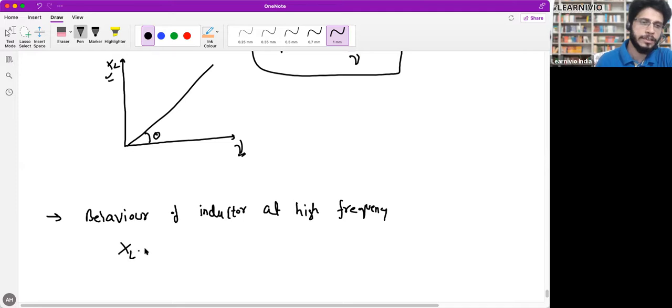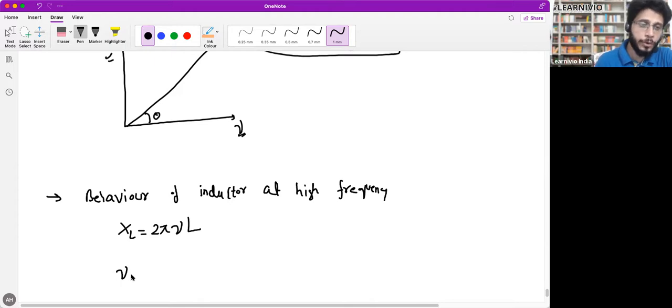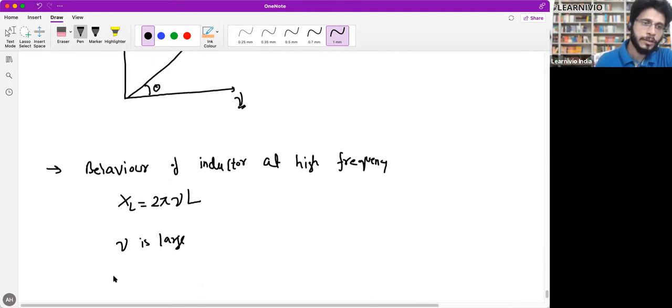So XL is 2 pi nu L. If frequency is large, that means XL is large. So if you pass a current of very high frequency through an inductor, that inductor will offer very strong opposition. Reactance would be large.